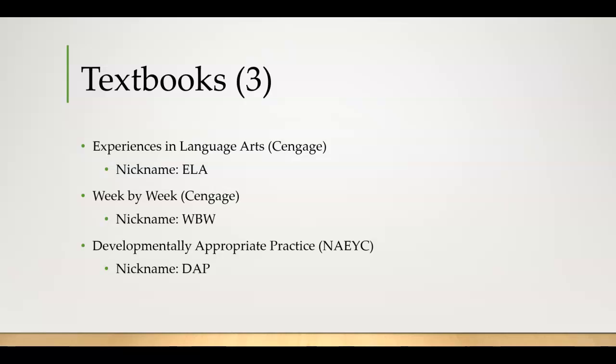And then the DAP, the Developmentally Appropriate Practice Book, is a publication of your main professional association, and it contains the learning outcomes for different levels and different types of instruction. We'll be using all three books throughout the semester, and at the end of this week, you have a scavenger hunt due. So that's your incentive to get everything in order this week.